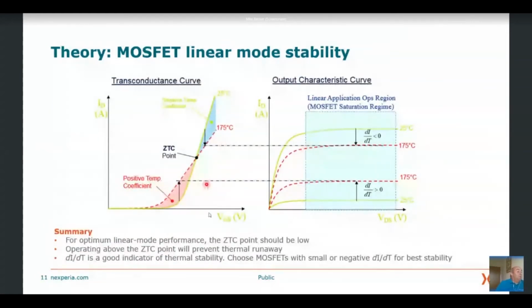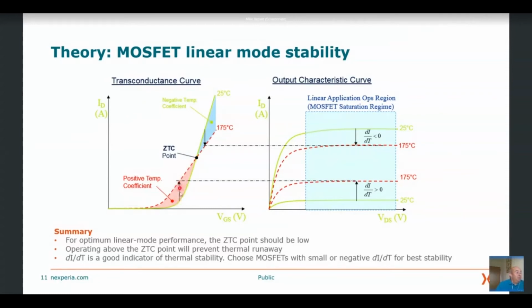So we've got these two different behaviors, depending on whether you operate the MOSFET above the ZTC point or below. Operating above the ZTC point, we say the device is thermally stable, and operating below the ZTC point is thermally unstable. There's another factor that comes into this, and it's to do with how far apart the hot and cold curves are.